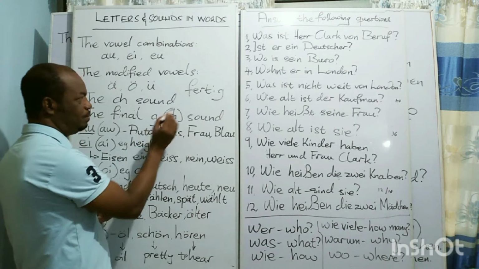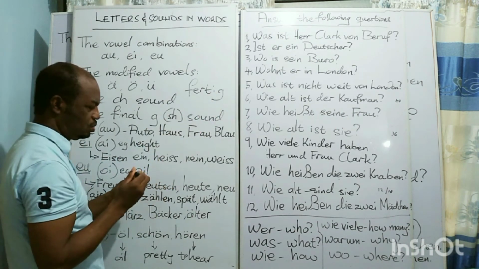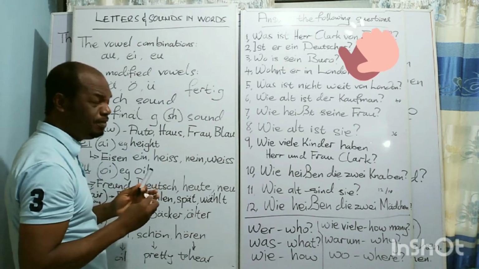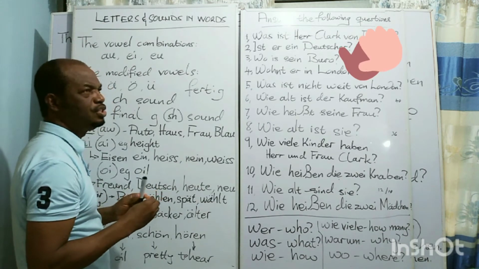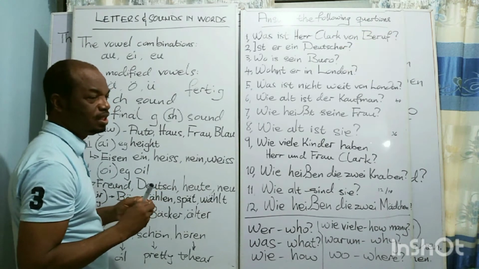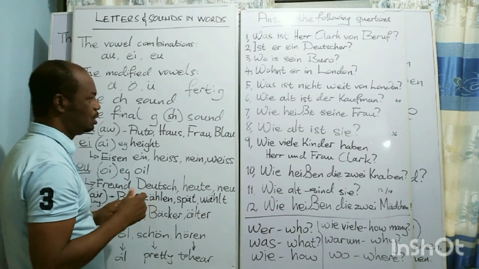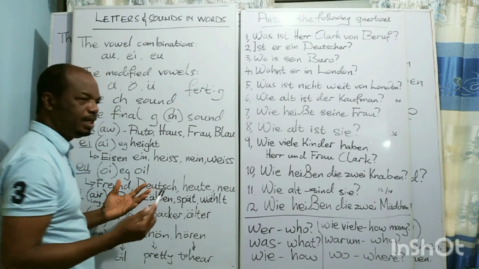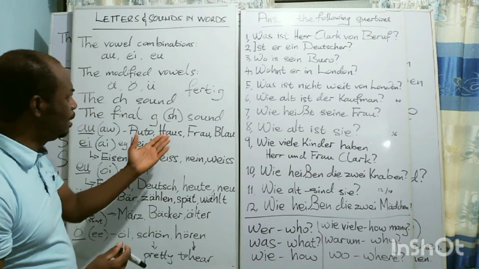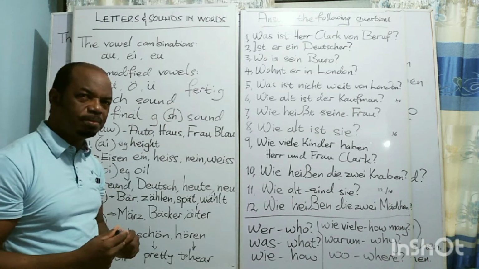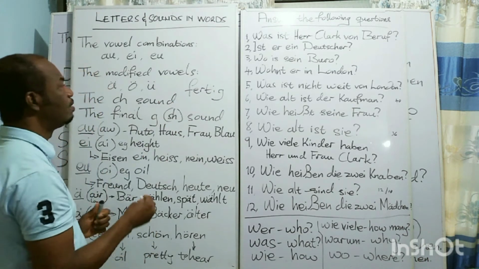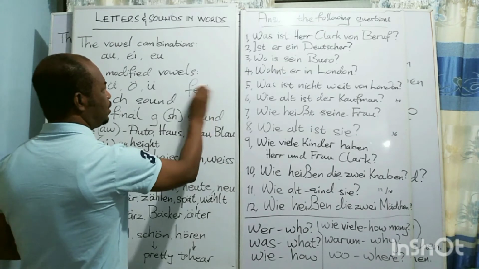So the G becomes SH. There are few words that end in G that is pronounced G. The rest are all SH. So when reading German and you come across G at the end of a word, pronounce it SH. Fertig, finished.